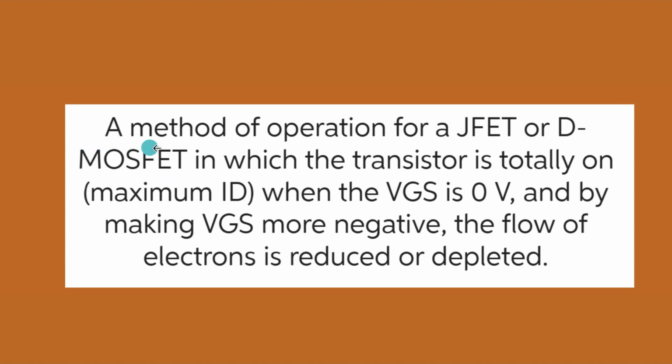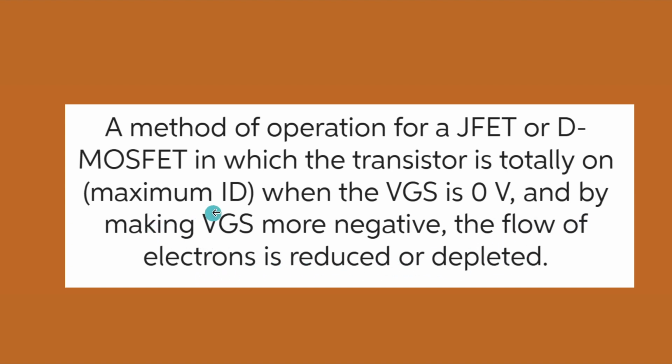Do you know what MOSFET is? MOSFET is metal oxide semiconductor, and FET means field effect transistor. I'm not sure, you have to look it up on Google. Okay, and by making V_GS more negative, the flow of the electron is reduced or depleted.